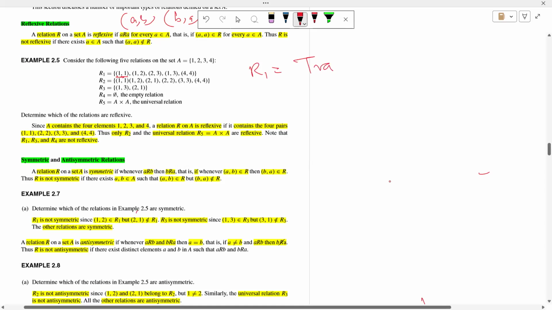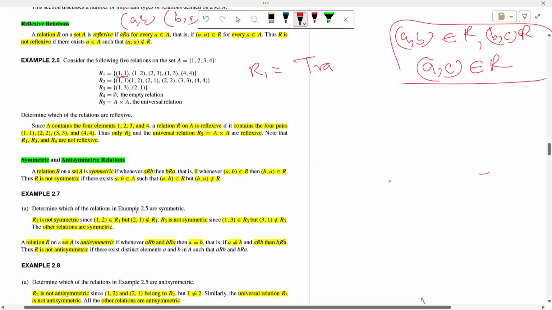Now, similarly, you can look at this one. Is there anything available? No. If you have (A, B) belonging to R, and (B, C) also belonging to R, then if you have (A, C) also belonging to R, you can say this relation is a transitive relation. So R1 is transitive. Now, if you look at the second one, (1, 1) is there, (1, 2) is there.